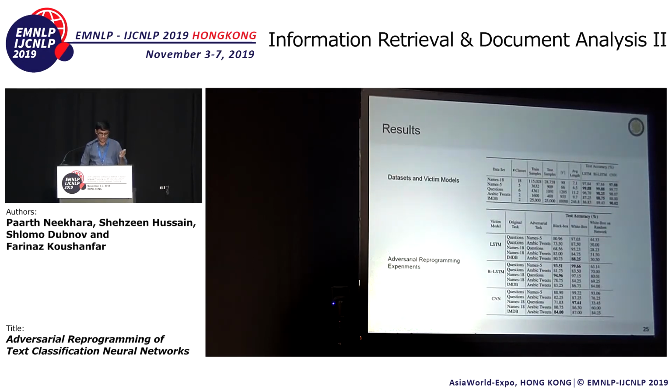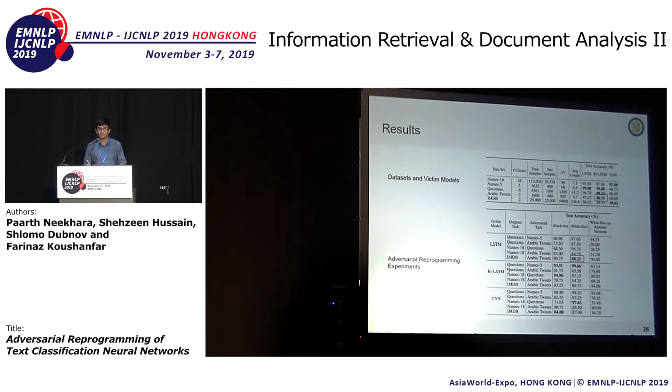And these are some of the results, and I'll highlight a few of them. One is, if we are repurposing an LSTM network that was trained for IMDb sentiment classification for a task like classifying the sentiments of Arabic tweets, we are able to achieve 88.25% accuracy in the white box setting. And if you train a model from scratch for Arabic tweets classification, the best accuracy you will get is 88.75.